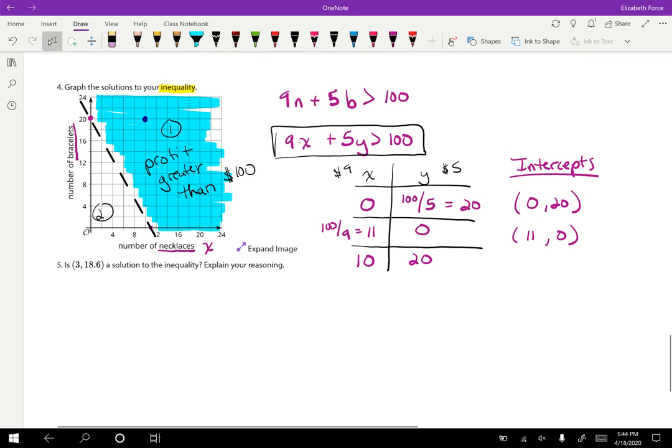Well, let's go ahead and figure out where that point lies. 3 comma 18.6 is definitely, here's 18, 18.6, in my shaded region. So we're going to go ahead and say, yes, this point lies in my shaded region.